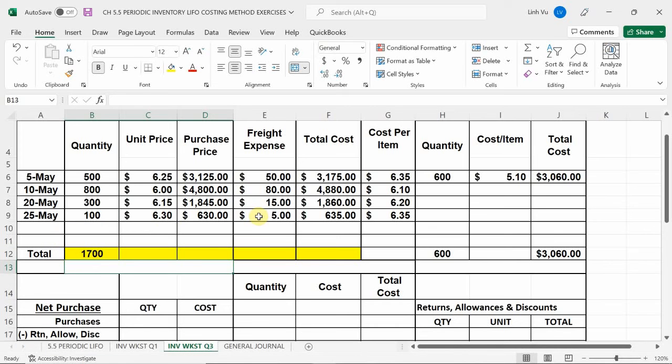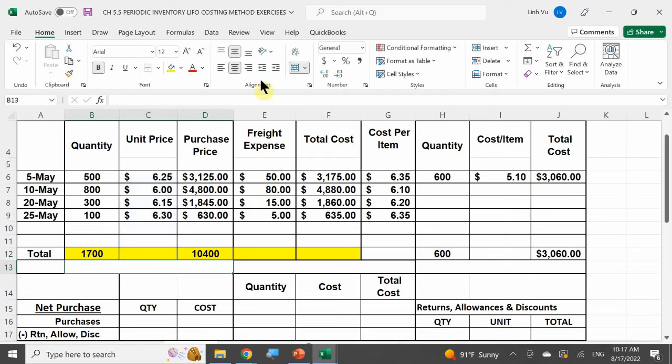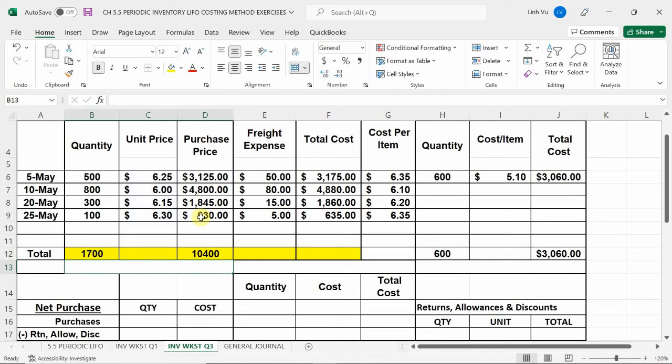What is my total purchase price? I have 3,125 plus 4,800 plus 1,845 plus 630. 10,400. And my total freight? So 50 plus 80 plus 15 plus 5.